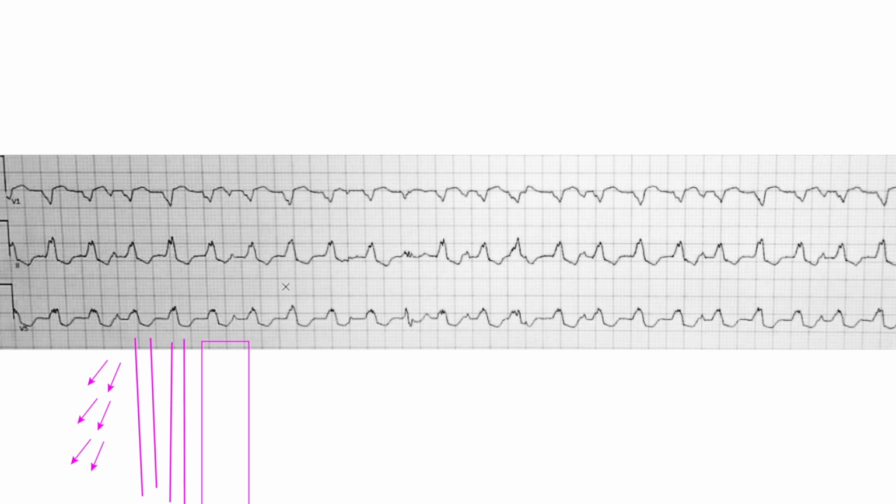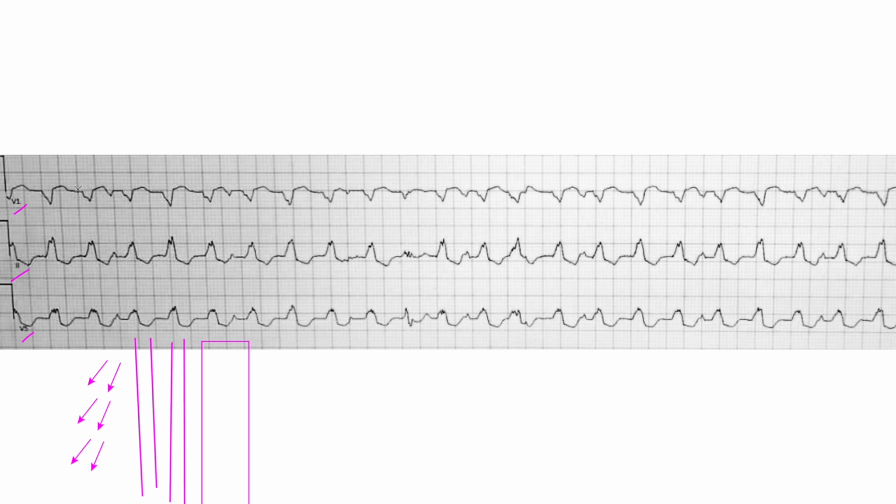Now we're moving over to three channels. Here we have channel 2 that we were just looking at, and then we have an addition of V5 and V1, or leads V1 and V5.